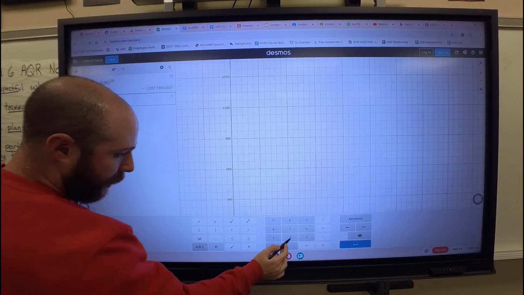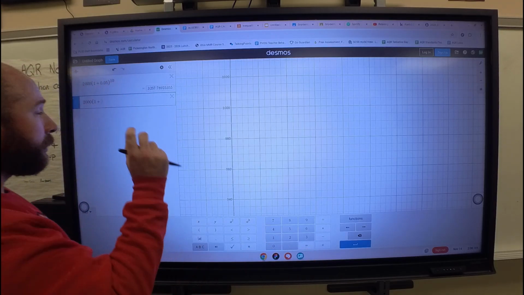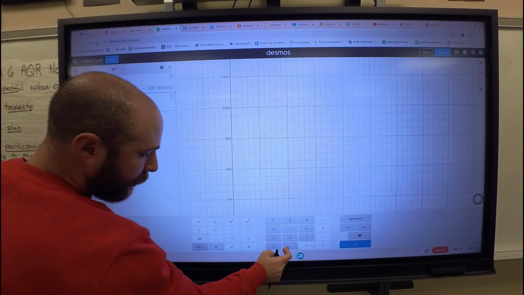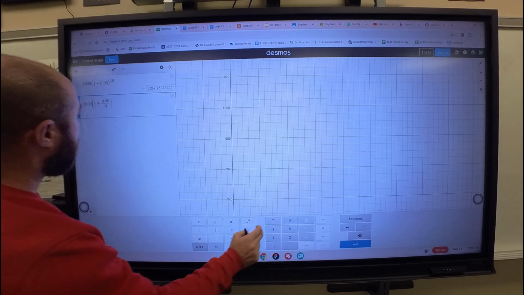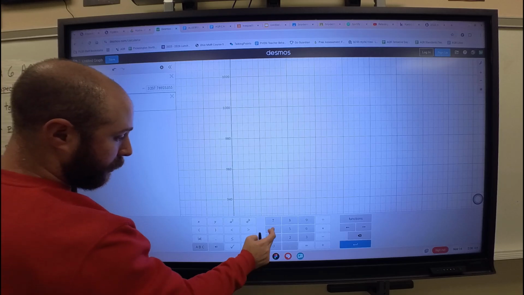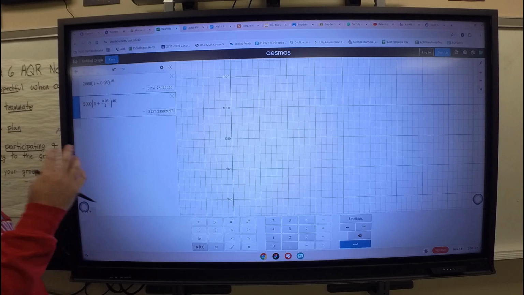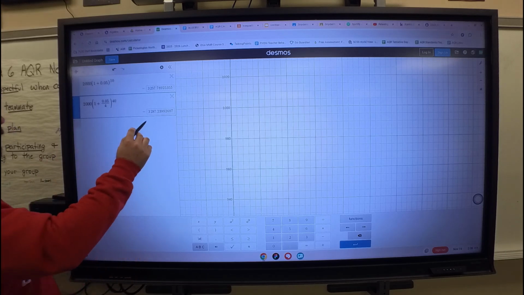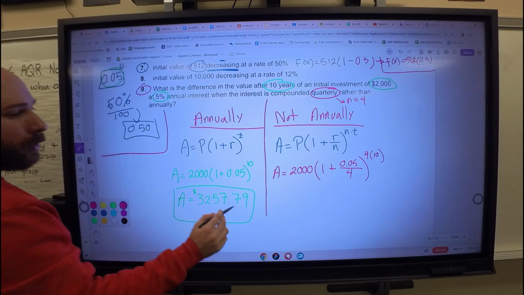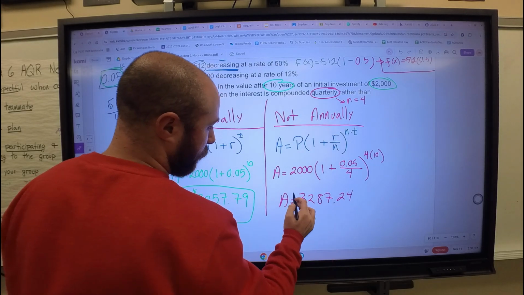So if I do that, I'm going to type it in exactly as it looks, 2,000 parentheses, 1 plus, now I have the fraction, 0.05 divided by 4, and now that is going to get raised to the 40th power, because it's 4 times per year for 10 years. So that gives me 3287.24.